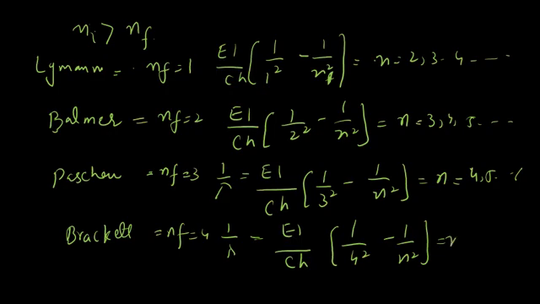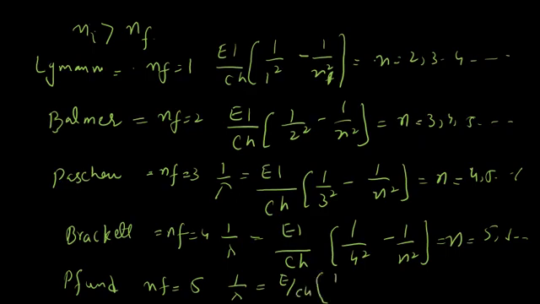Here n starts from 5, 6 and so on. Then we come to the Pfund series, for which nf is equal to 5, and 1 over lambda is equal to E1 divided by ch into 1 over 5 square minus 1 over n square. Here ni will start from 6, 7 and so on.